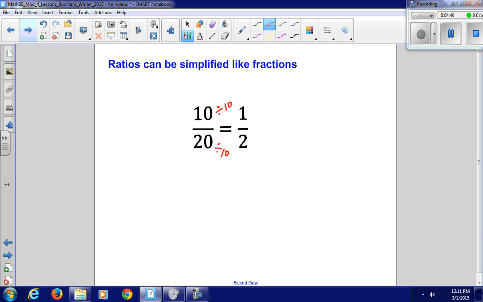So 10 divided by 10 is 1, 20 divided by 10 is 2. So 10/20ths would be reported as 1/2. And we do that for the same reason we always reduce fractions: if we're going to do some work with these ratios, it's easier if the numbers are smaller, because the multiplications and divisions become smaller with smaller numbers.